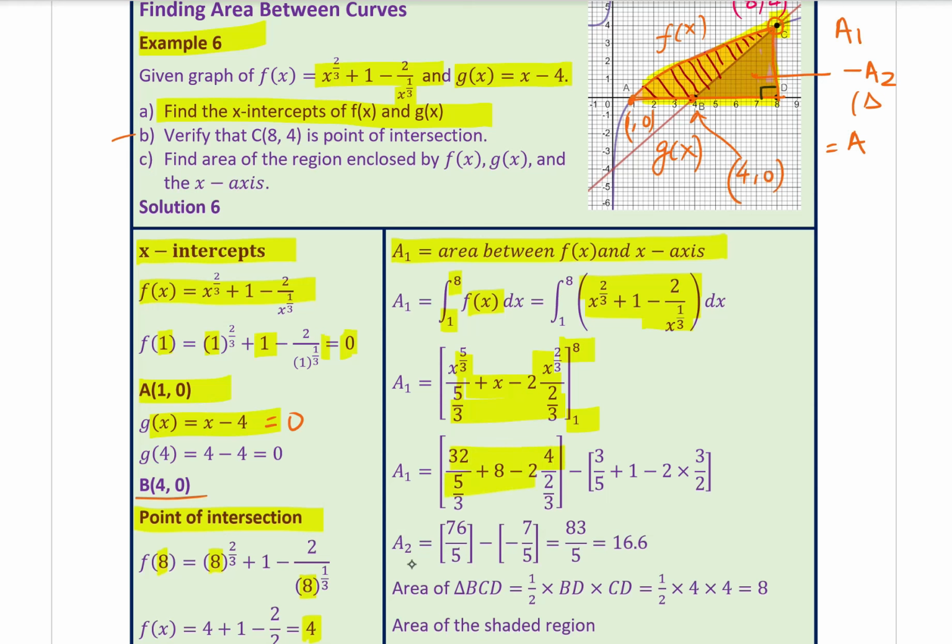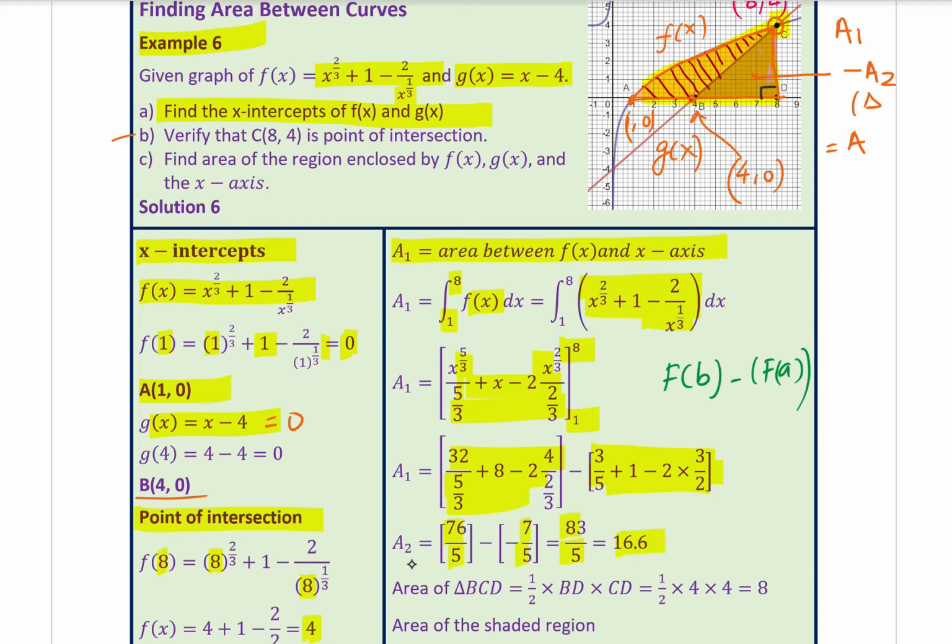So once you substitute 8, we do f(b) minus f(a) again, right? So that is f(b) minus f(a), correct? When you do that, you can evaluate the value. So substitute 8 and substitute 1, calculate the value, and what you get here is 83 over 5, or 16.6 in decimals.